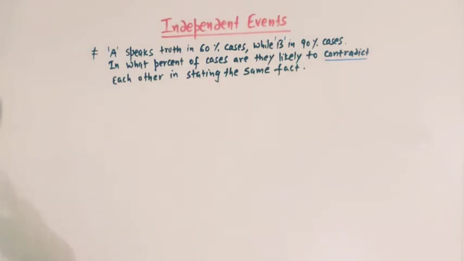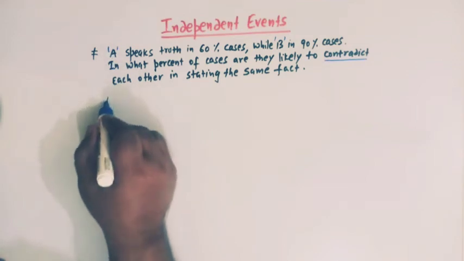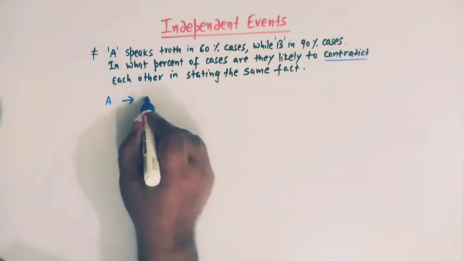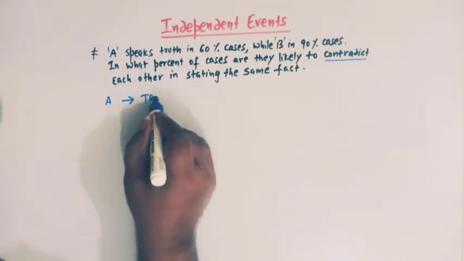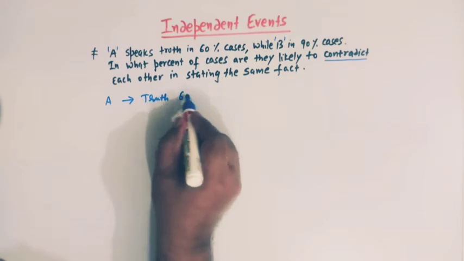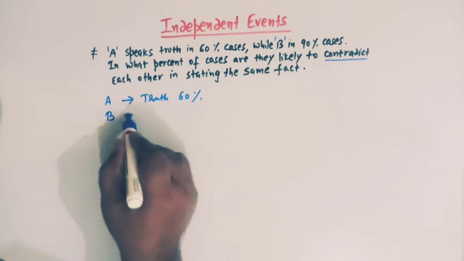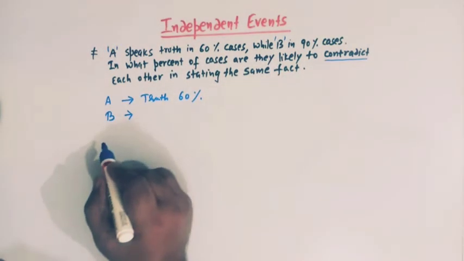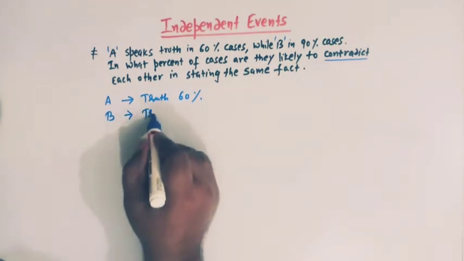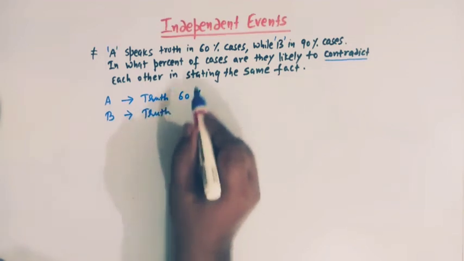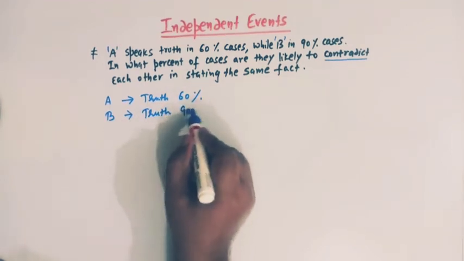So here we have two persons. Person A speaks truth in 60% cases, and person B speaks truth in 90% cases.